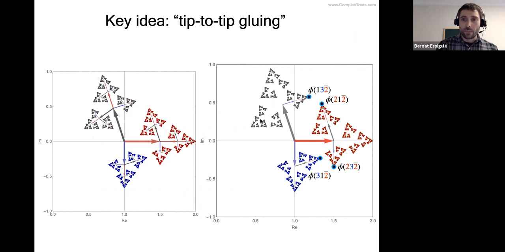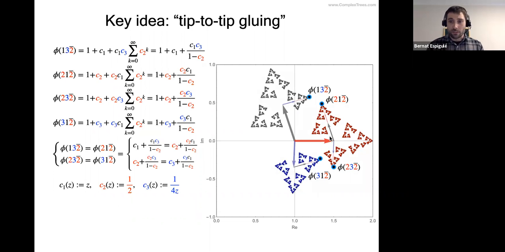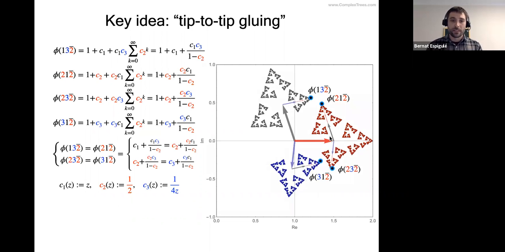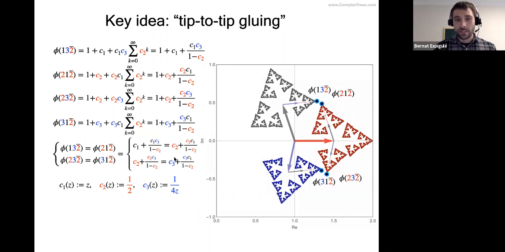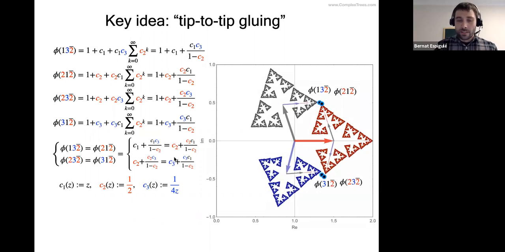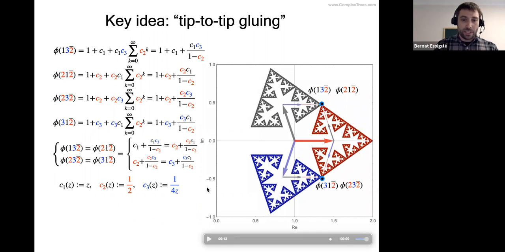So let's see one example. I'm taking these 2 pairs of tip points, the closest expressions, and imposing them to be connected. And you get a system of 2 equations with 3 unknown complex numbers, and you can find a parameterization that gives you a solution.